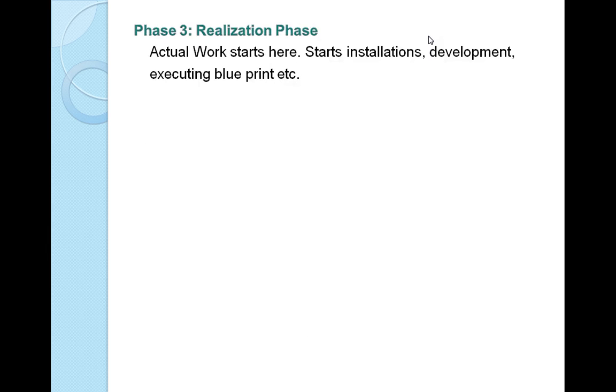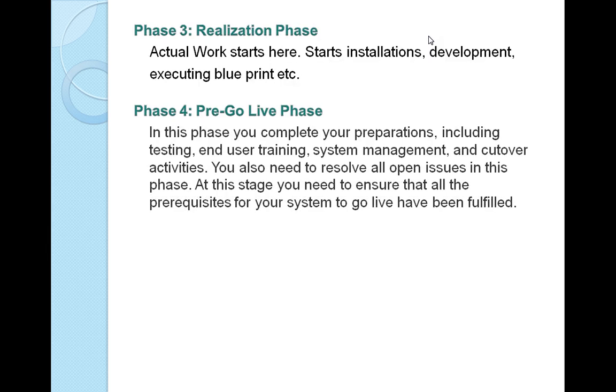And the third phase is the realization phase. Actual work starts here. Here the basis administrator can start the installation of different applications, like installing the operating system. If you choose to implement SAP in a Windows environment, you select the server, install the operating system, install the appropriate drivers, install the SAP software, installing the kernel.